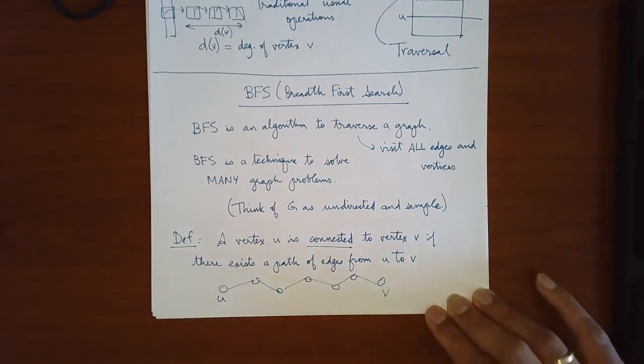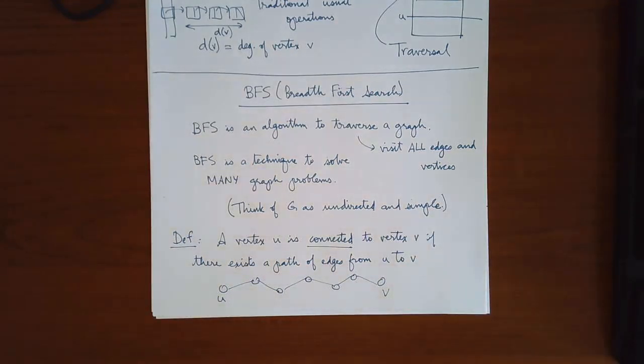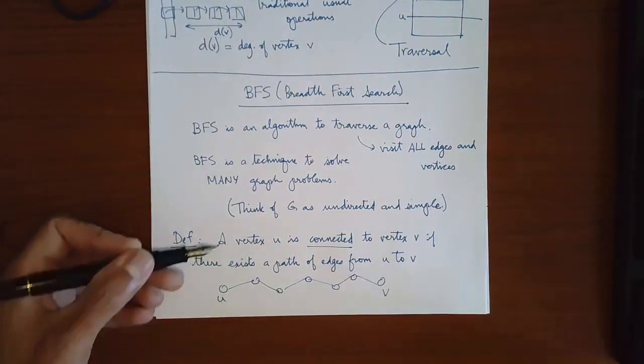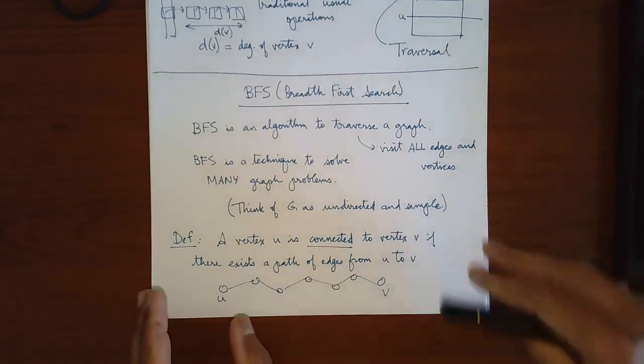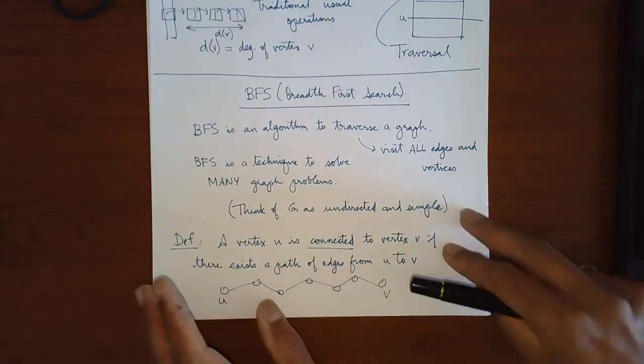So there's some path between them. That's what it means for U to be connected to V. Okay, that's what it means to be connected.